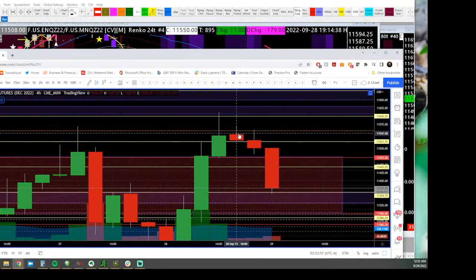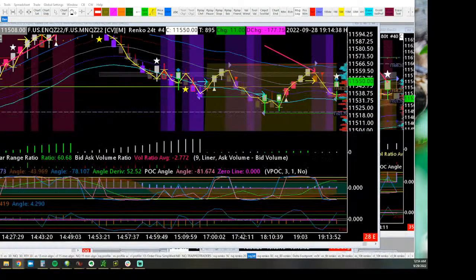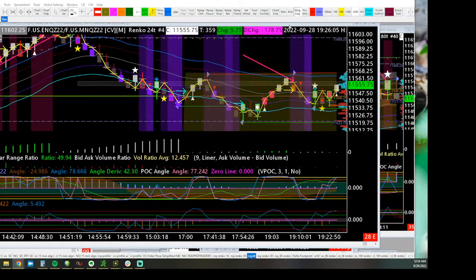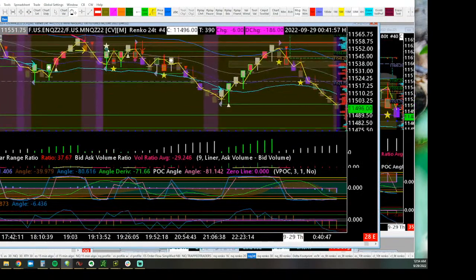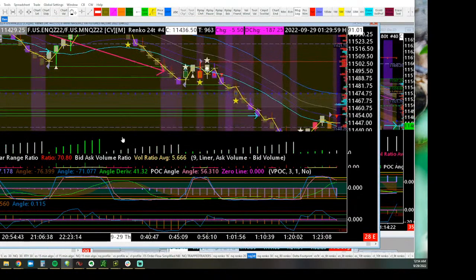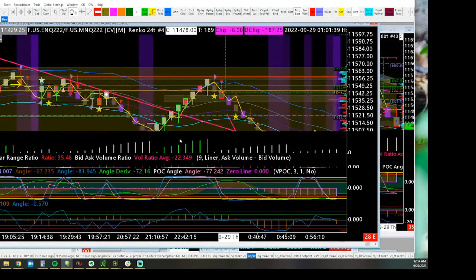The only difference is that I'm getting a precise level that says short right here, and I can put my stop right there. So I've got like a 17-point stop that produces a monster trade, right? And that's just how it works.